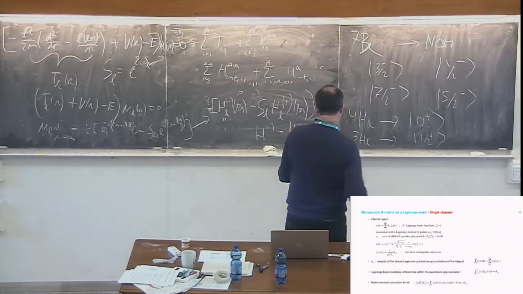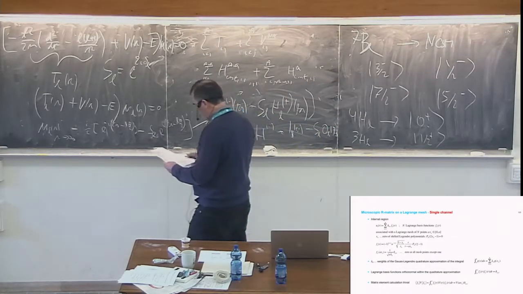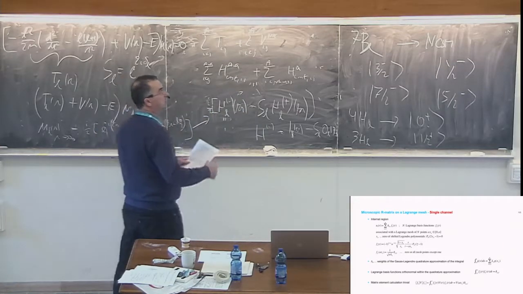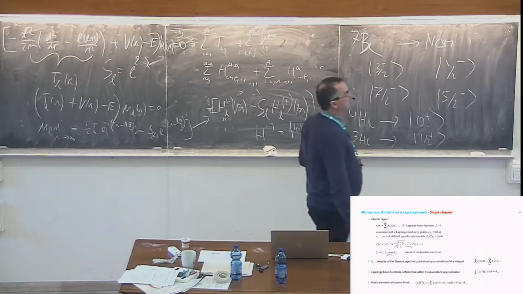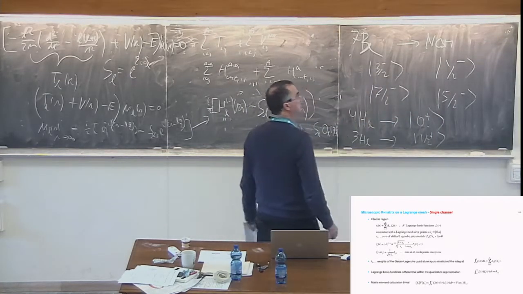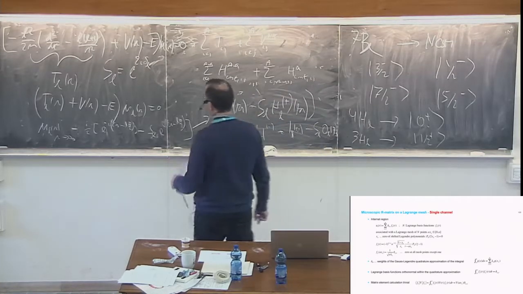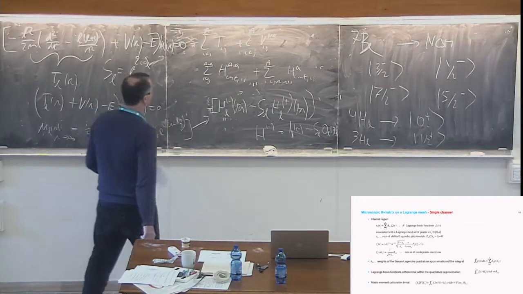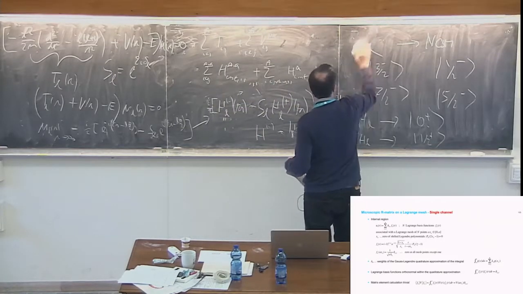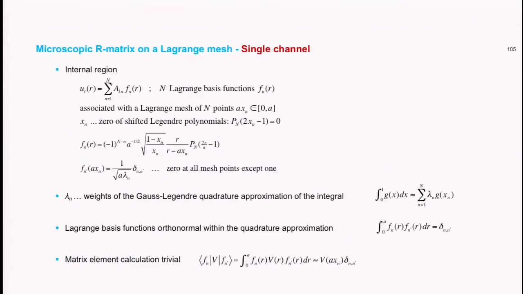But now, in this formalism of the microscopic R matrix on a Lagrange mesh, we introduce a special basis to expand this wave function U_L(R) in this internal region. So I have the internal region that goes up to the radius a.